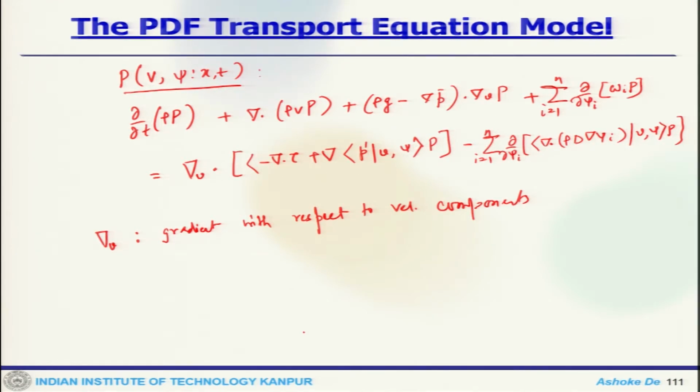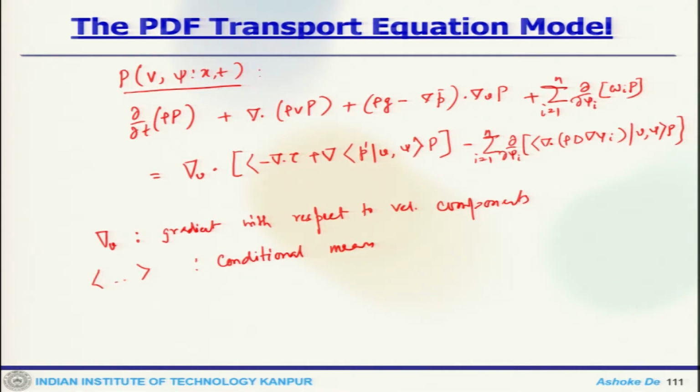The terms within the angular brackets are conditional means, and a similar symbol has been used for the sample space variable.